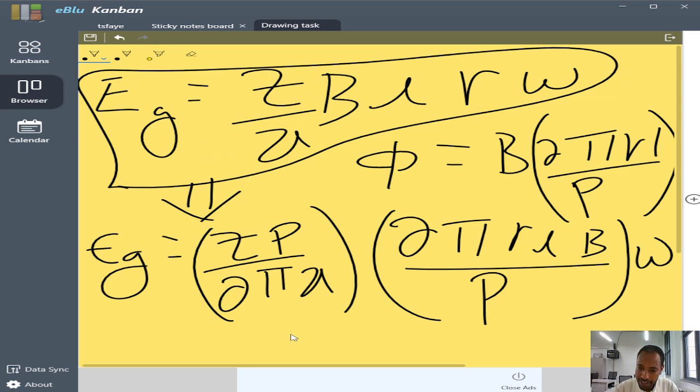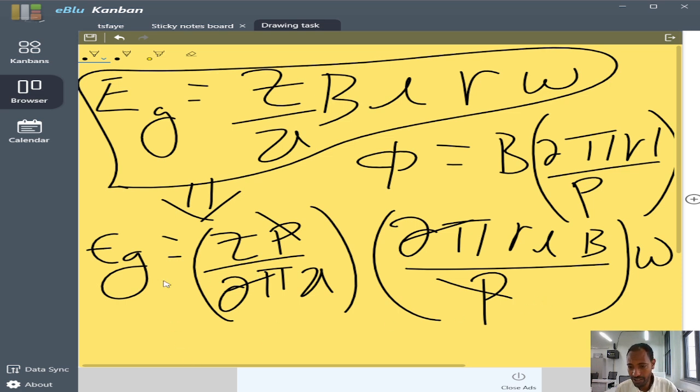What makes sense? If I cancel P with P, what is remaining? Z by A and R L B omega.